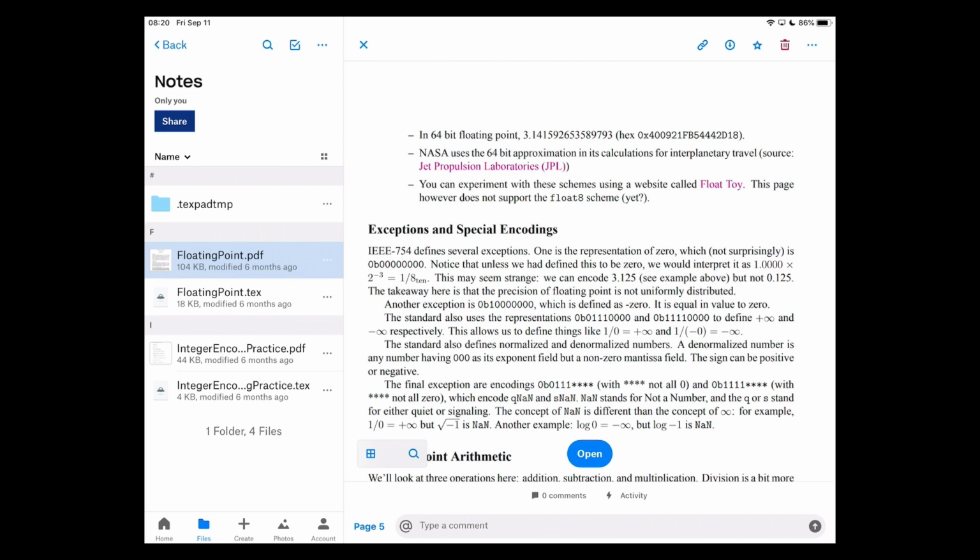So if you were building a calculator with a square root button on it, the user might say, I want to do the square root of a negative, or a logarithm of a negative, where in a mathematical context you would say the answer is imaginary. But in a computer context, that doesn't make sense, at least to the computer.